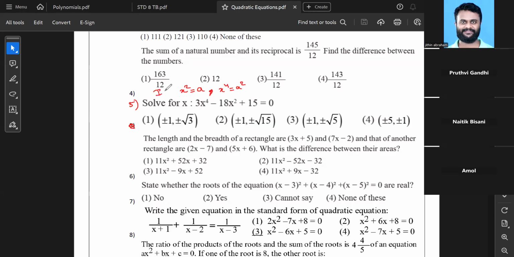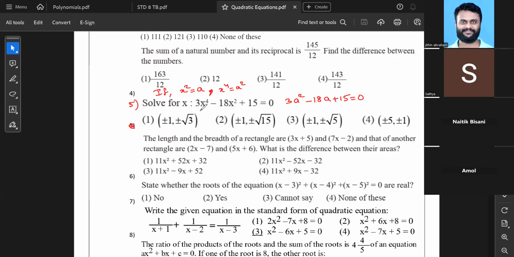Yes, sir. So this equation can be rewritten as 3, instead of x raised to 4, I can write a square minus 18, then instead of x square, I can write a, plus 15 equal to 0. Now, when you see this, this is a quadratic equation.